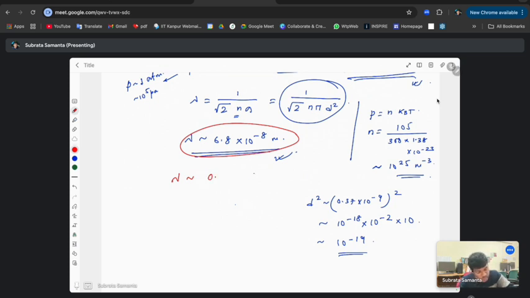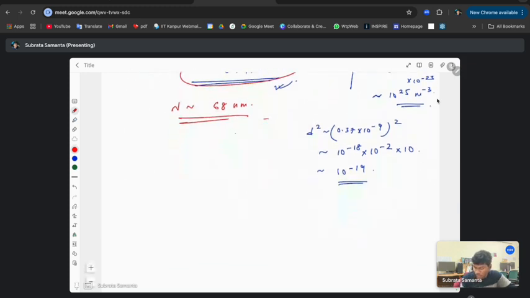So 68 times 10 to the power minus 8 times 10 to the power minus 1, right? So it's basically 68 nanometer. So this is your mean free path.